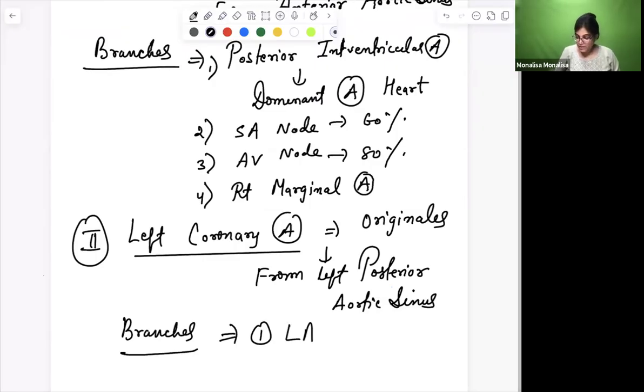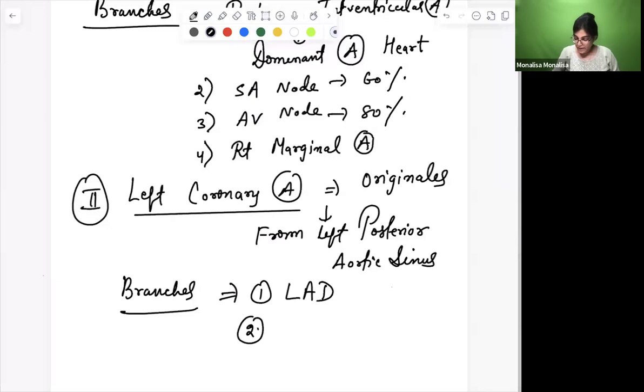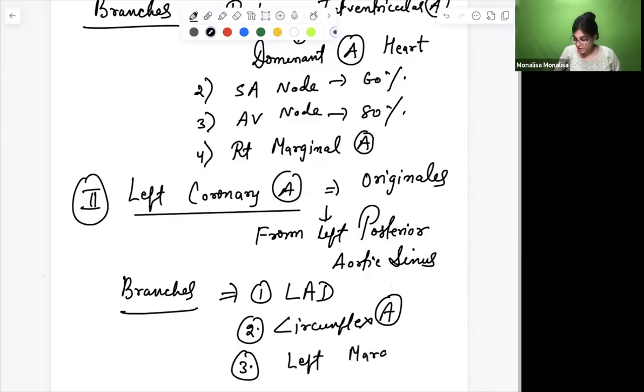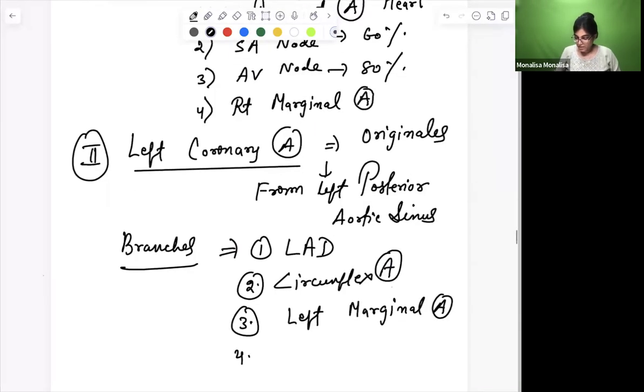What is the full form of LAD artery? Left anterior descending artery, then circumflex artery, left marginal artery, and diagonal arteries. Okay?